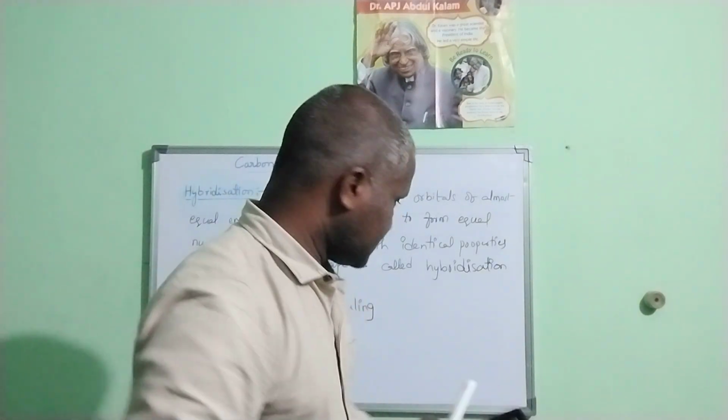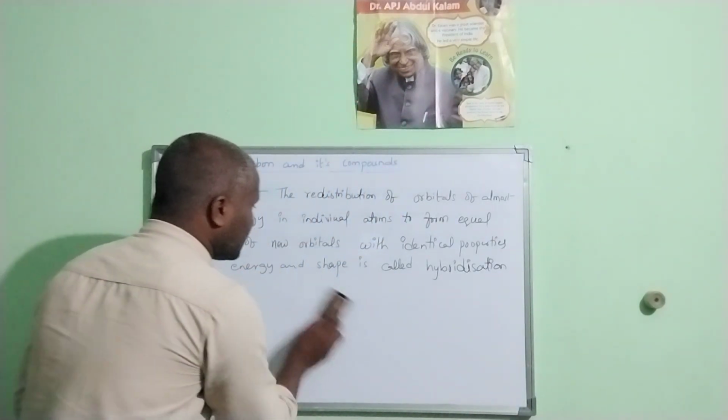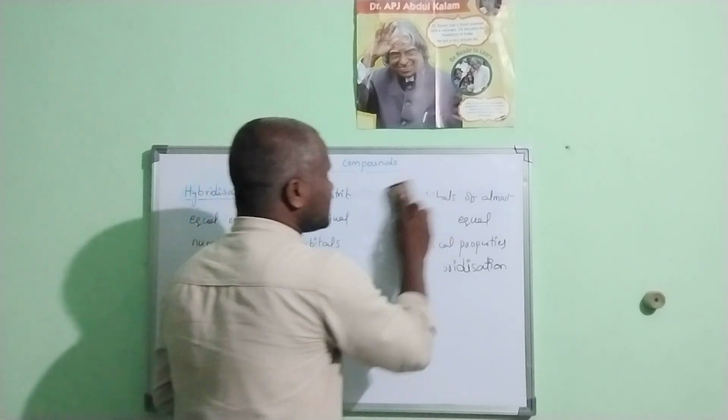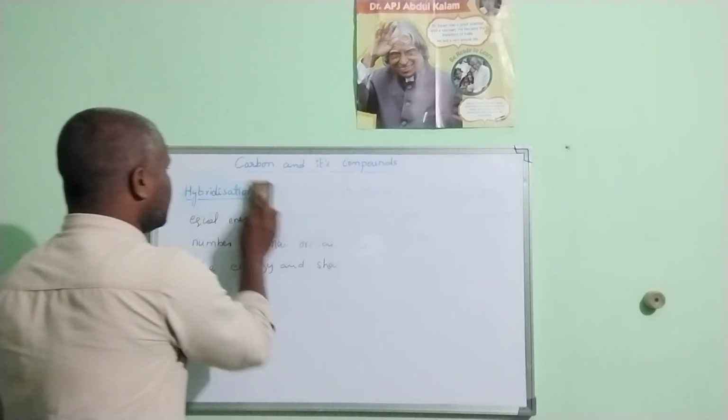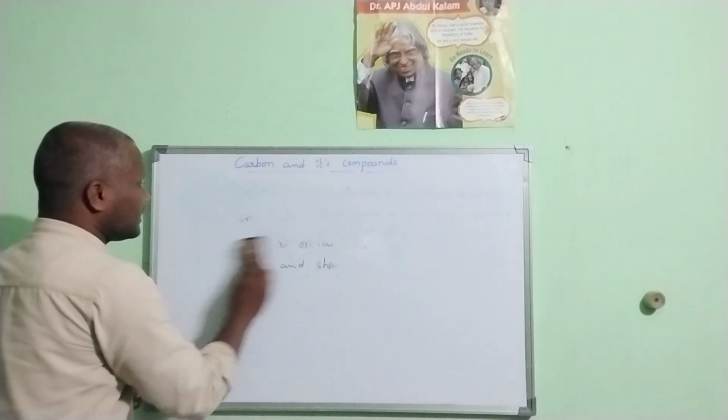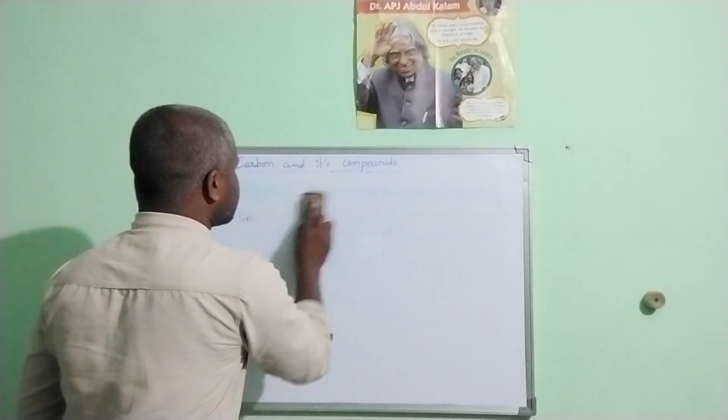If we discuss carbon, in our last class we had seen two types of configuration: carbon in its ground state and carbon in its excited state.